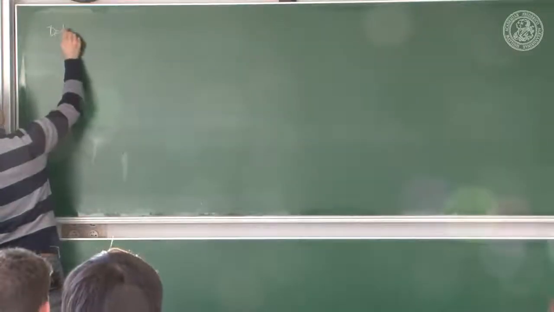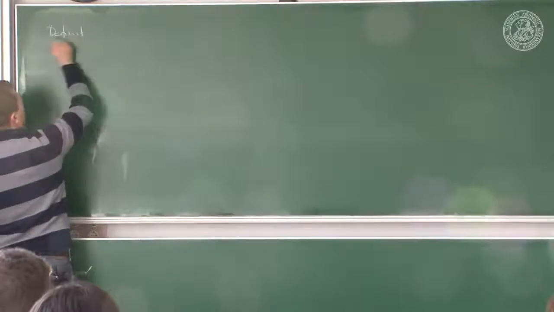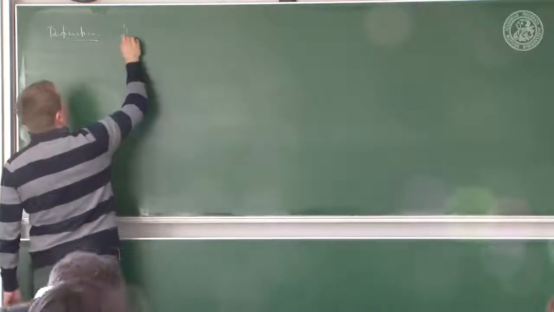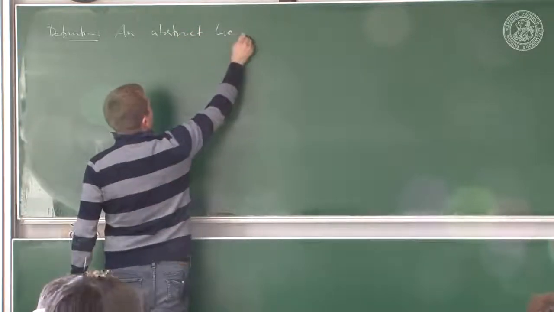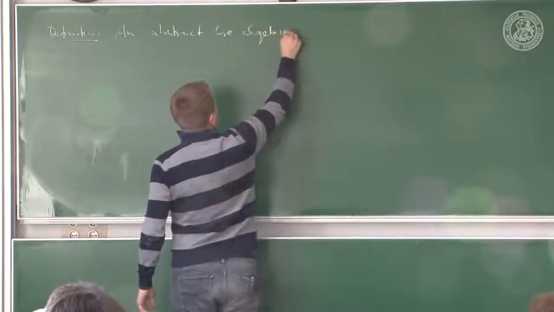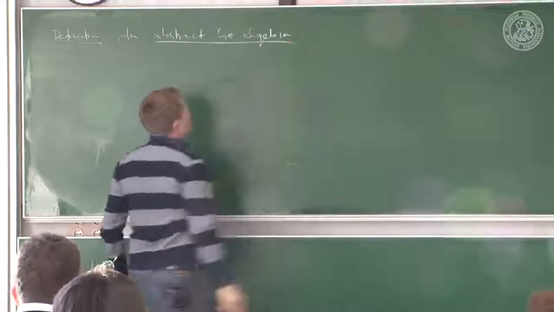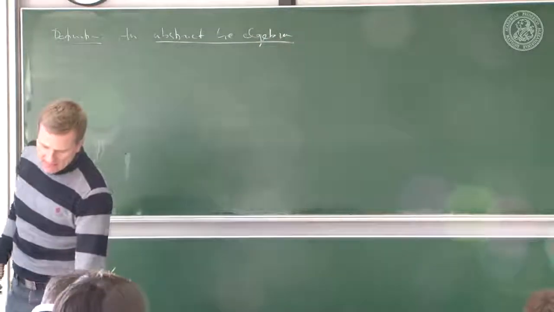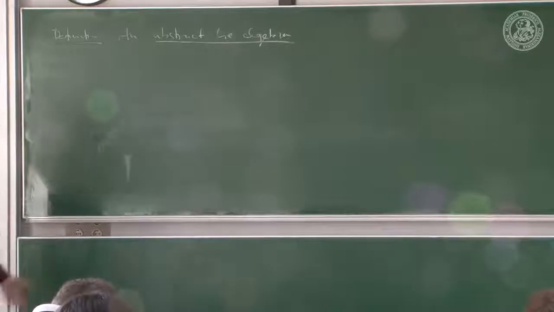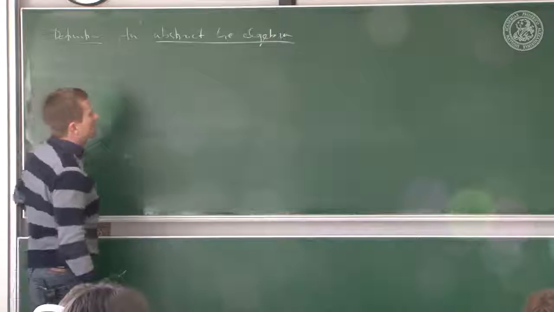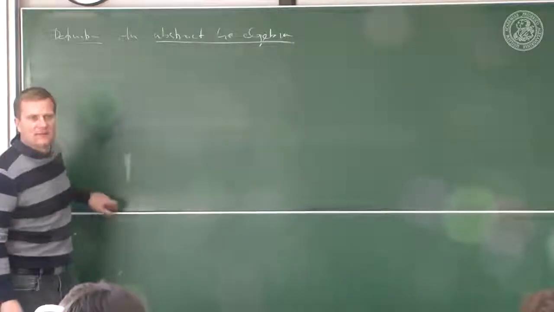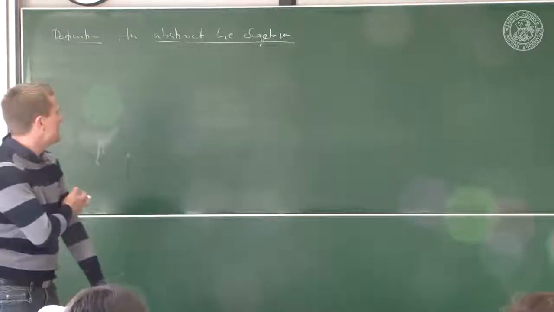Let's first introduce some terminology. An abstract Lie algebra, and I call it abstract Lie algebra because this is true independent of whether the Lie algebra originates in a Lie group or not. So I could call this a Hodgson-Plots algebra, right? But we'll call it an abstract Lie algebra.